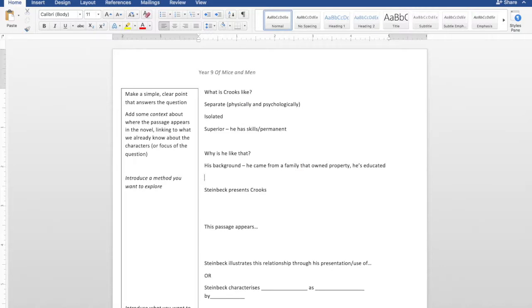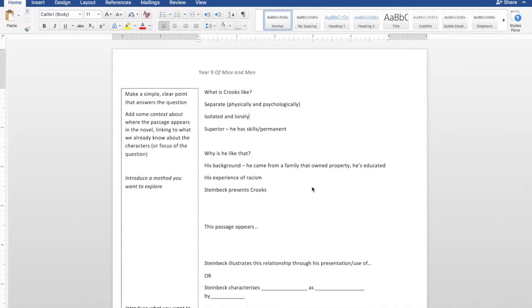He's also like that because of the racism that he has experienced. So his experience of racism. Okay, so Crooks is an intelligent character. He's alone, and he's also a lonely character.